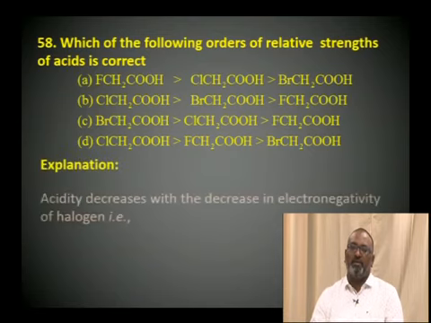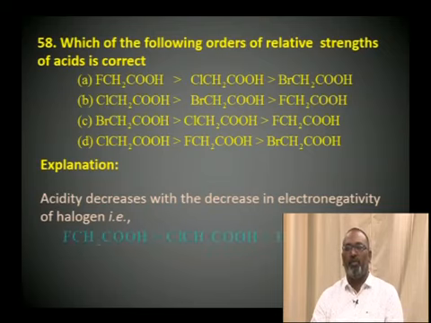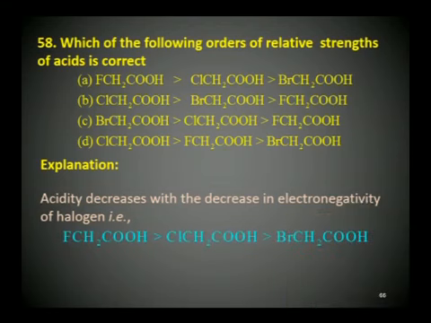Acidity decreases with the decrease in electronegativity of the halogen. You know that fluorine is more electronegative than chlorine, and chlorine is more electronegative than bromine. So fluoroacetic acid will be more acidic than chloroacetic acid. Chloroacetic acid will be more acidic than bromoacetic acid. So option A is the correct answer for question number 58.